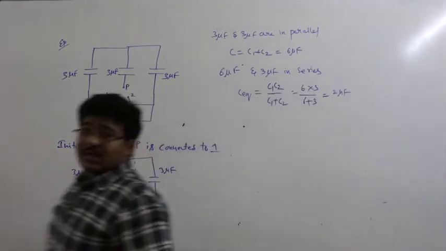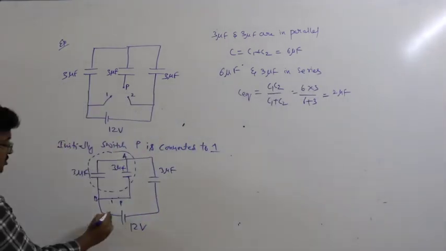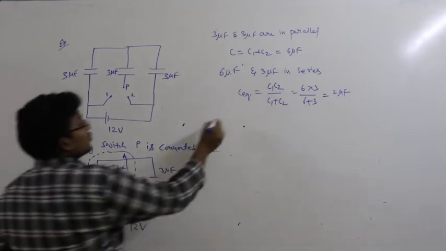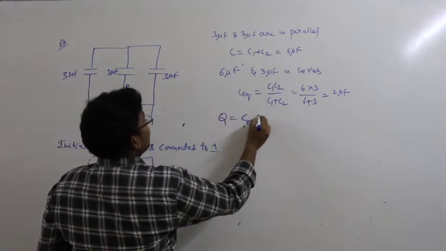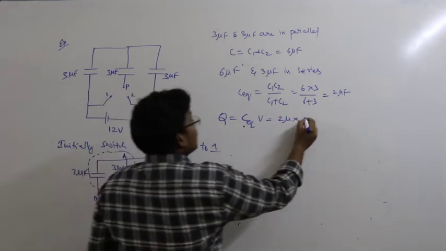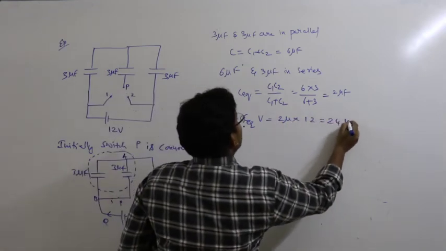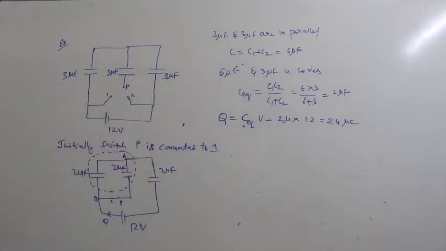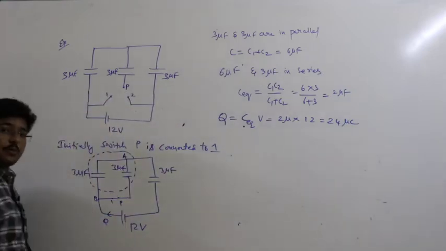So this is the equivalent capacitance. What is the charge drawn from the battery? You know that Q is equal to CV. So C is 2 micro into voltage 12, so 24 microcoulombs. This much charge is drawn from the battery.